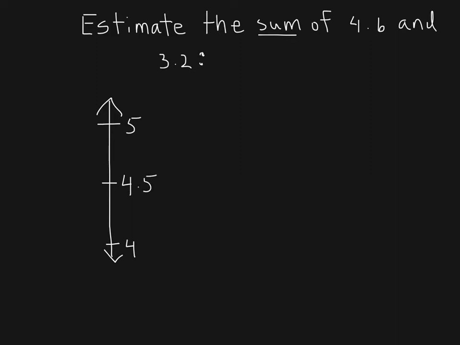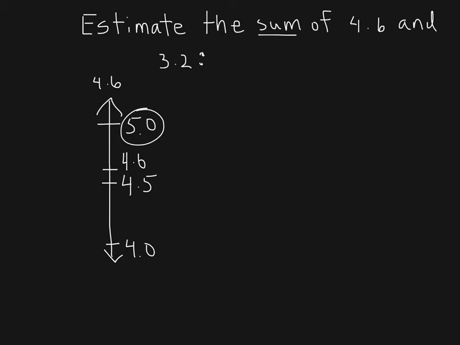Remember that 5 in the next place over is the halfway mark. And 4.6 is going to be just a little bit larger than 4.5. So I'm going to round up to 5 for this one. Label my vertical number line there.